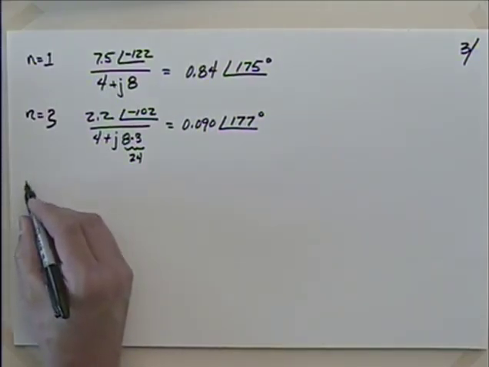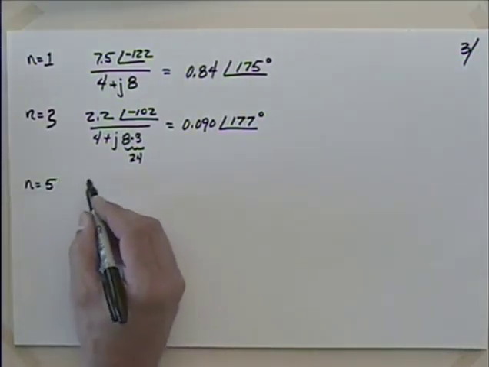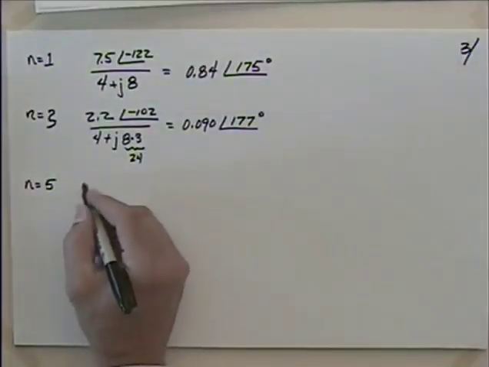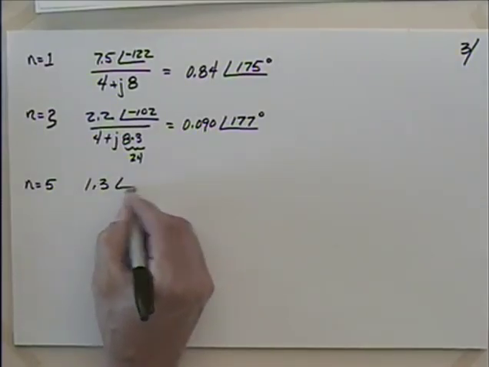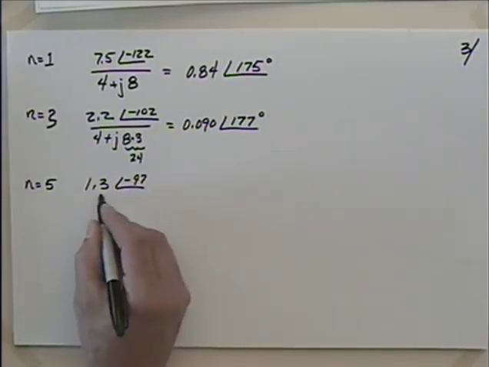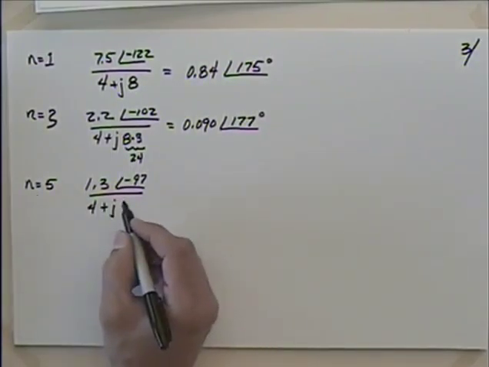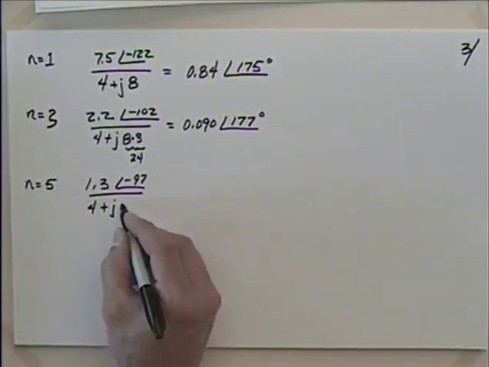Okay, I guess we've got it. I'll do it one more time. When n is equal to 5, going back to our work from last time, 1.3 at minus 97. So 1.3 at minus 97. I'm dividing by 4 plus j, multiplying 8 times 5, right? 40.